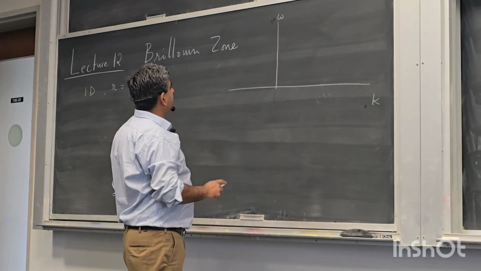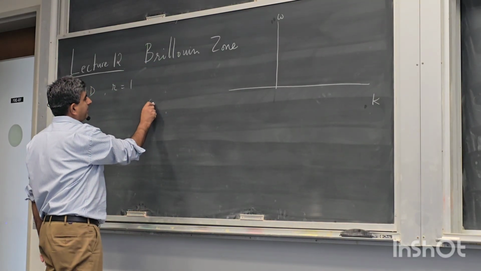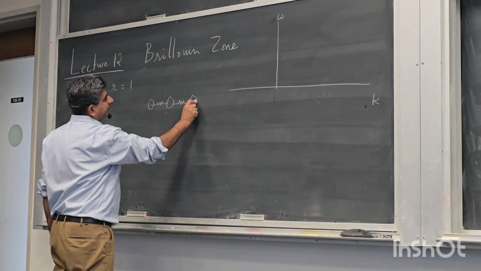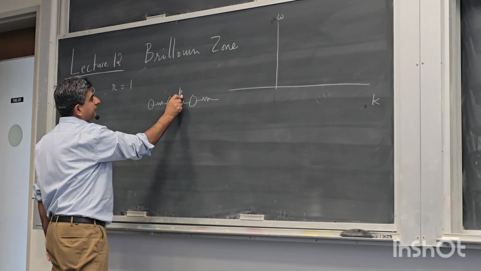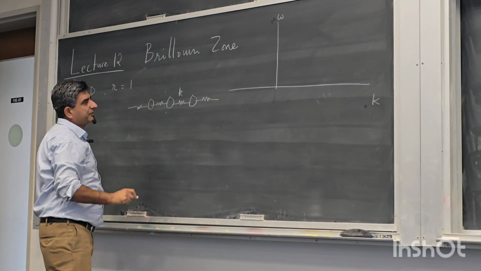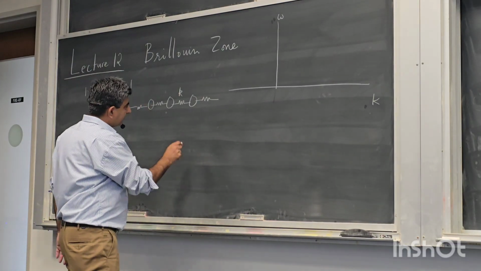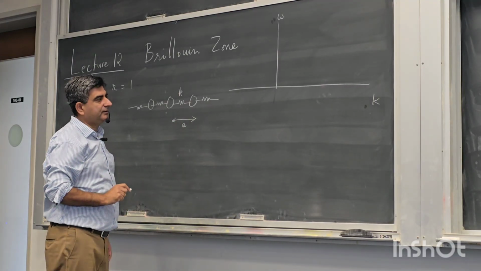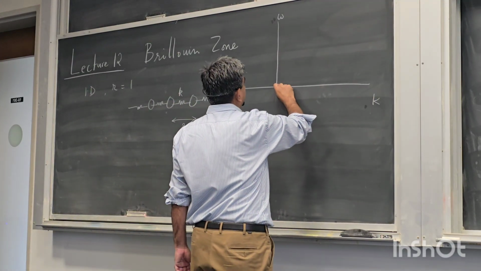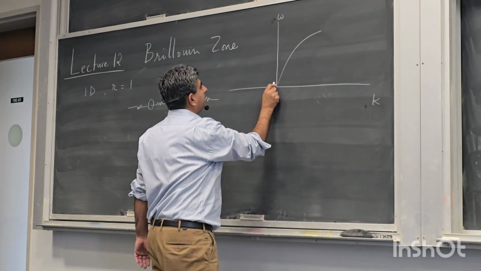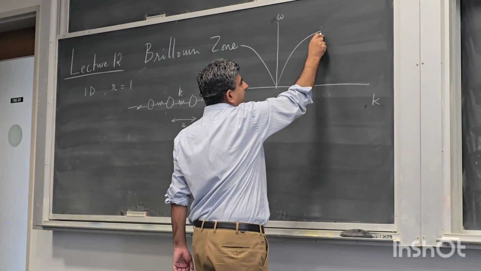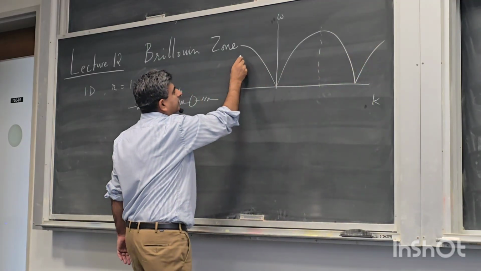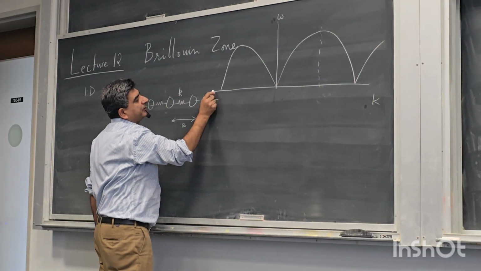So for a monoatomic lattice with one atom in the basis, some spring constant k shows the interaction between these atoms, and if the spacing between two lattice points is a, then the relationship that we obtained was a sine square curve, which extends in both directions and is periodic.